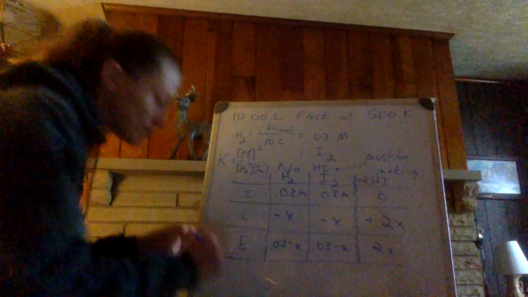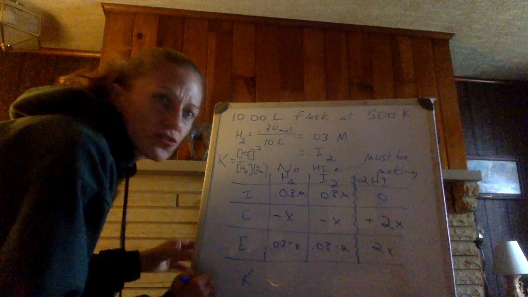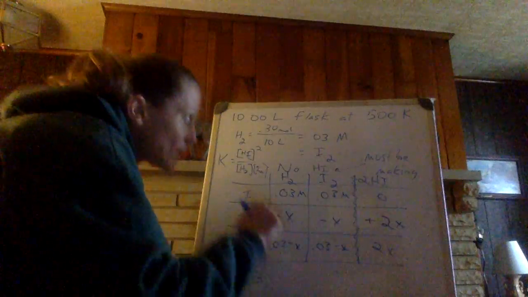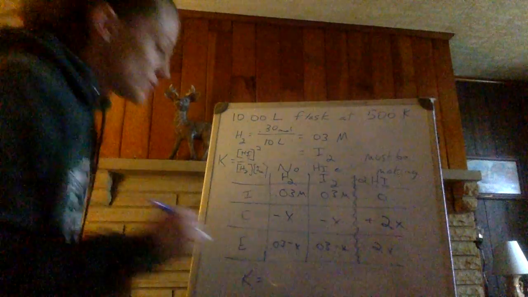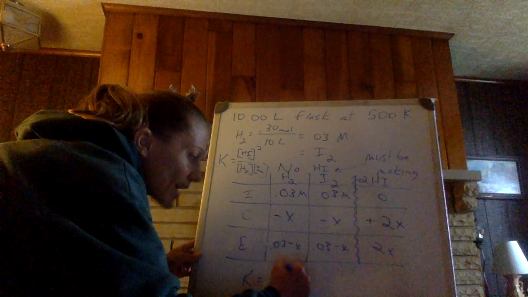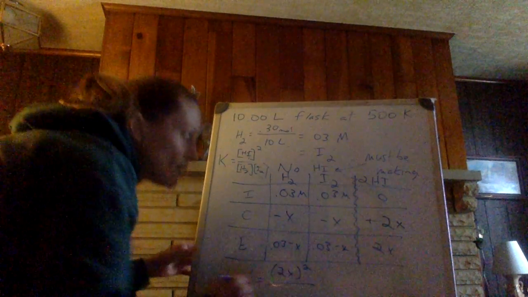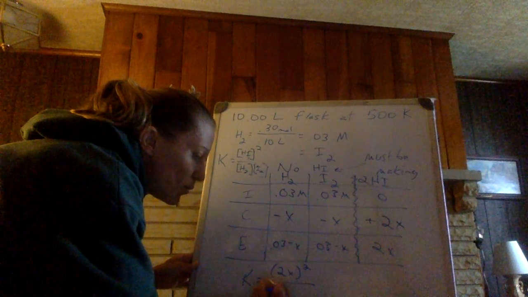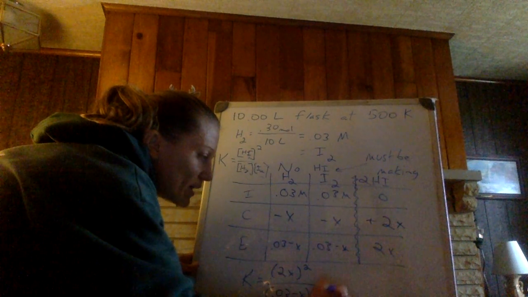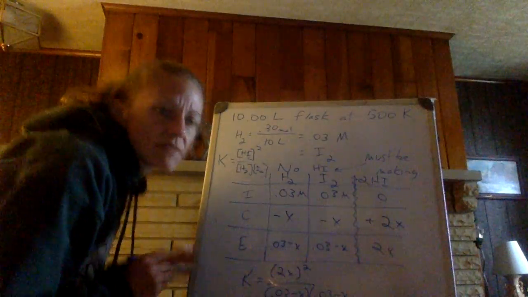K, and you should still be able to see this just barely. All right. I'm going to have HI squared. So I'm going to have 2x squared over 0.03 minus x, 0.03 minus x.